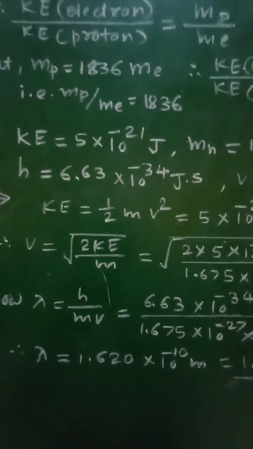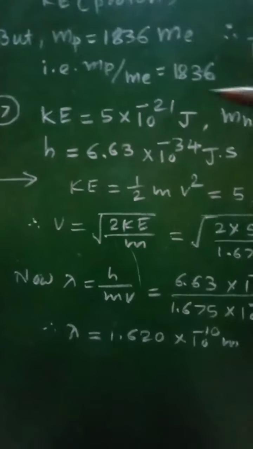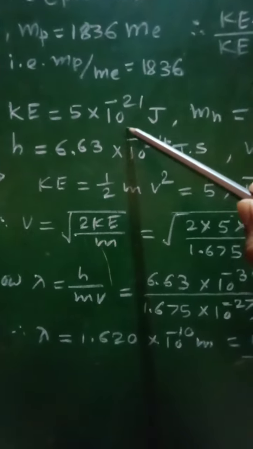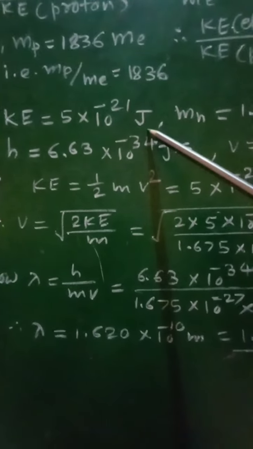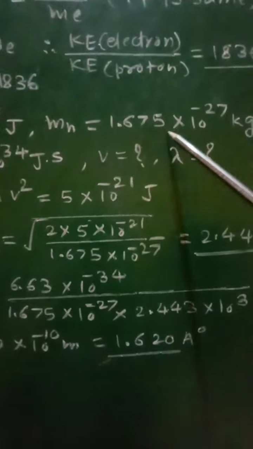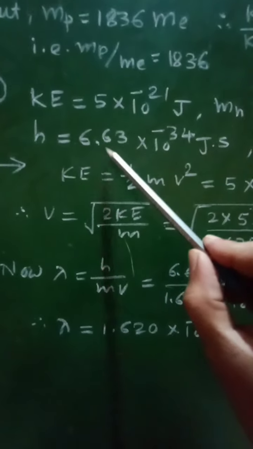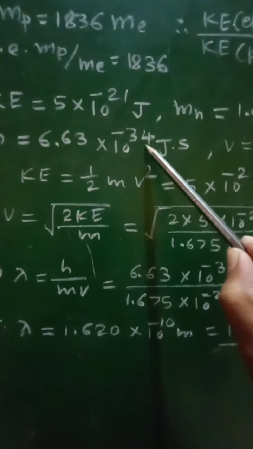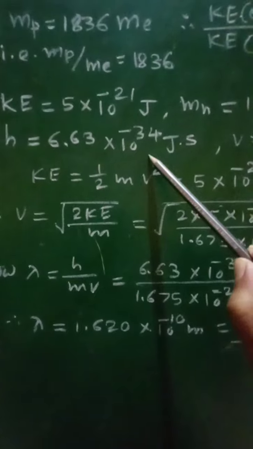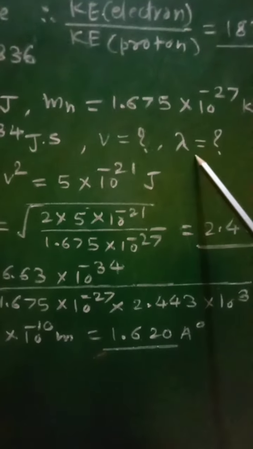For this numerical, the given data is kinetic energy is equal to 5 into 10 raised to minus 21 joule. Mass of neutron will be 1.675 into 10 raised to minus 27 kilogram. h Planck's constant is 6.63 into 10 raised to minus 34 joule second. We have to find speed as well as wavelength.